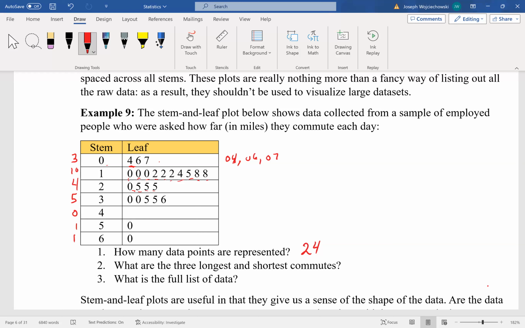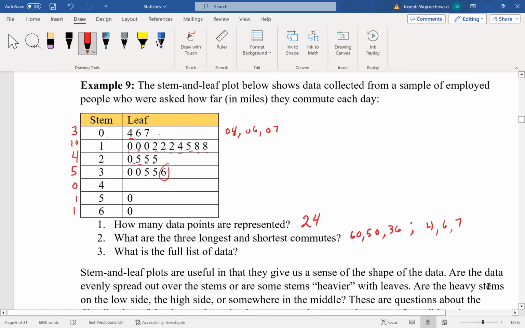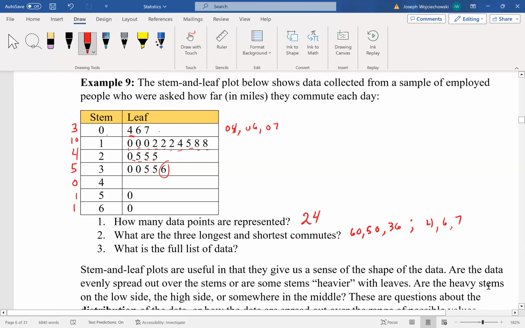Well, the longest one is 60. The next longest one is 50. And the next longest one is this 36. And then from shortest, we have 4, 6, and 7. The full list of data. Okay, so we go through our list here.